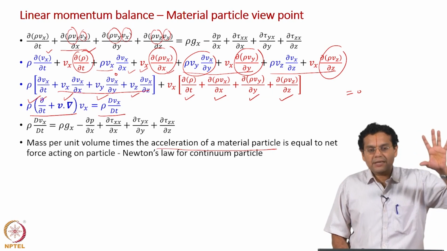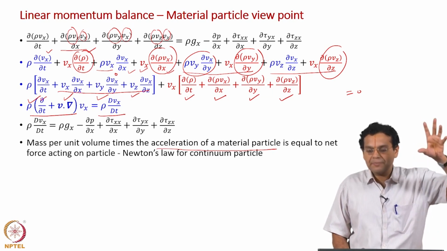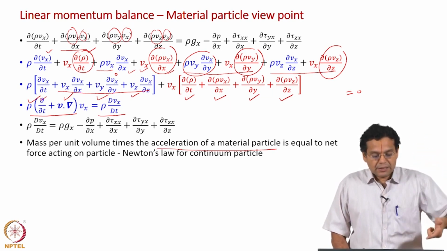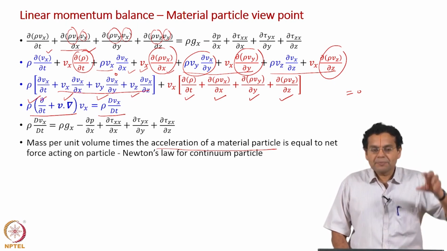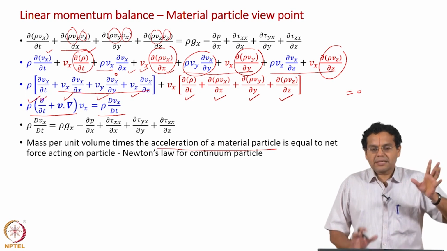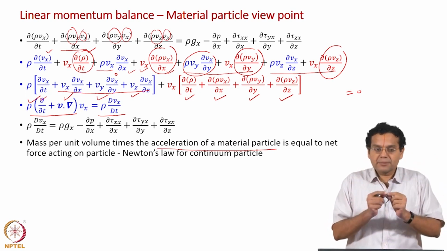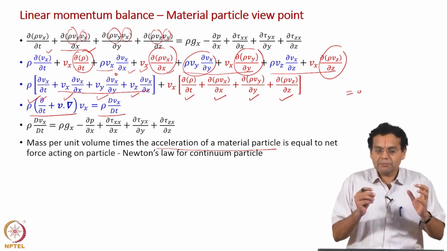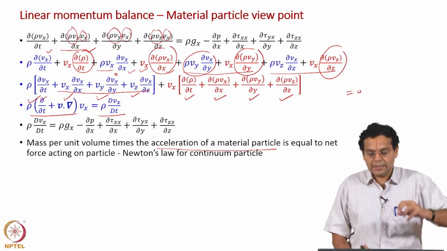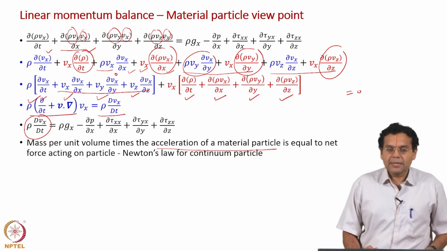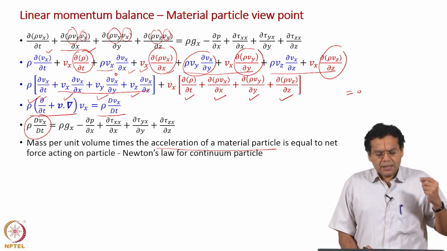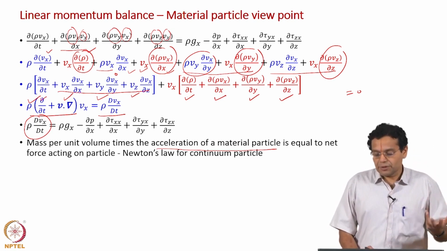So, we started with Newton's second law of motion for a system. Now this equation is for a fluid particle. How do you relate? When you shrink the size of a system, it becomes a fluid particle as it goes to 0 size, and that is why the left hand side now represents the density into acceleration of a fluid particle.